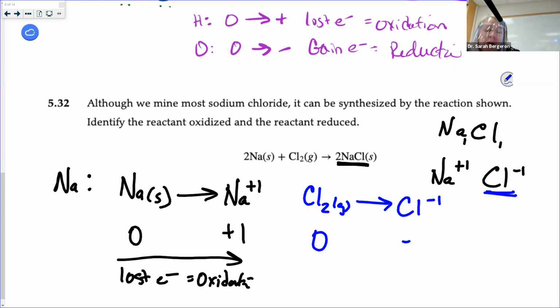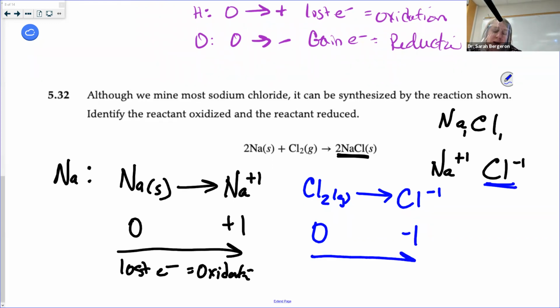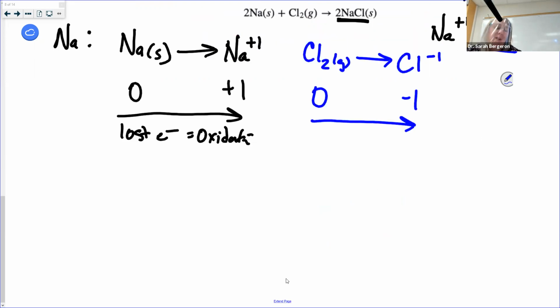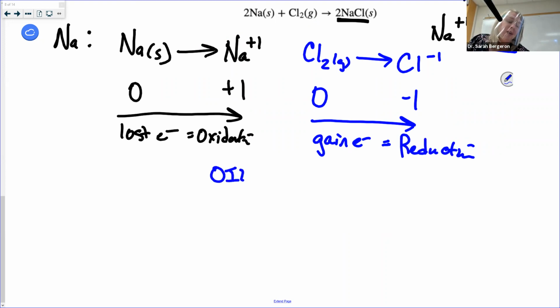So if I go from a 0 to a -1, as I progress from left to right, what's happening? Am I losing electrons or gaining electrons? I gain electrons. If I gain electrons, what do I call it? A reduction. That's why OIL RIG is really important. Remember your OIL RIG.